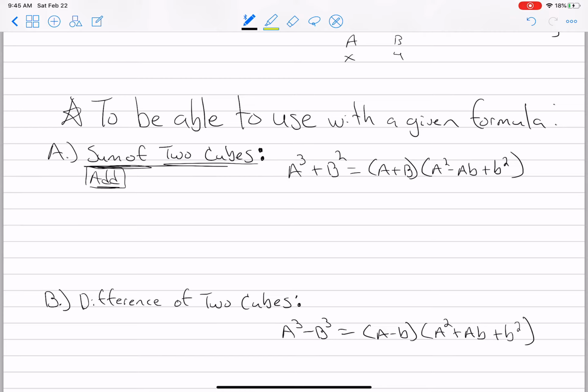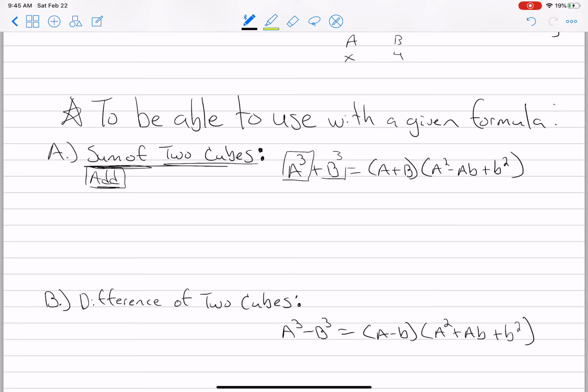And again, you should be able to pause to write things down, but I'm moving fast trying to make your video short. So a cubed plus b cubed equals a plus b times a squared minus ab plus b squared.